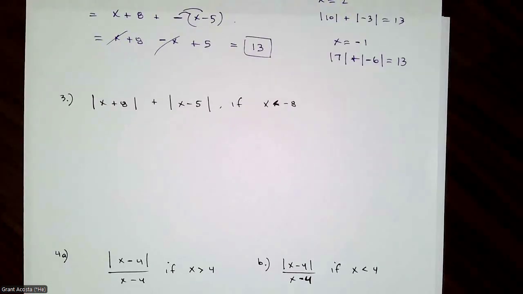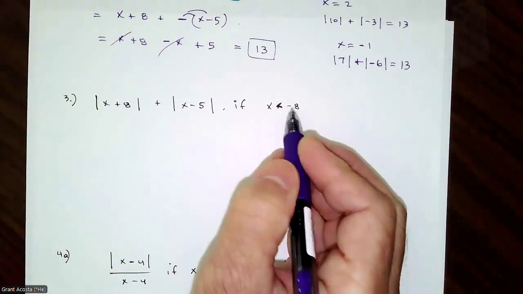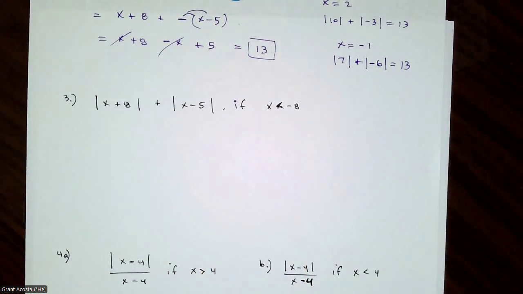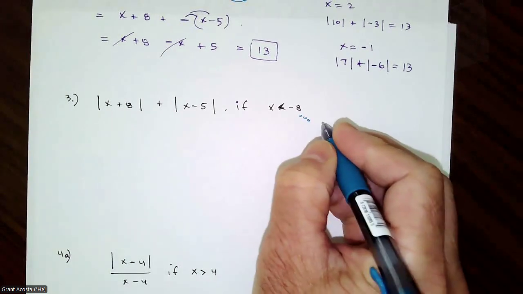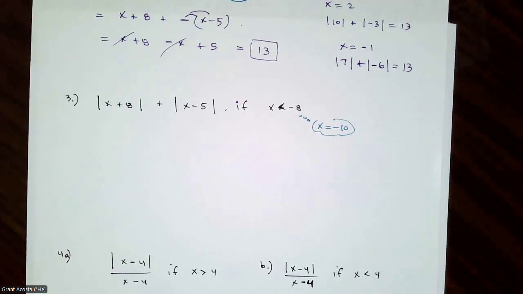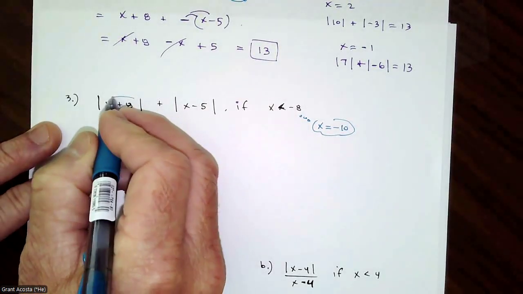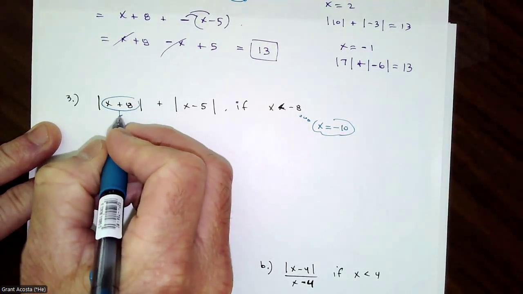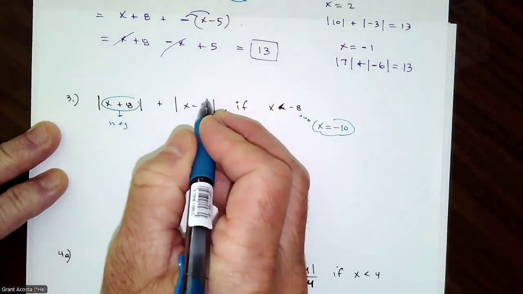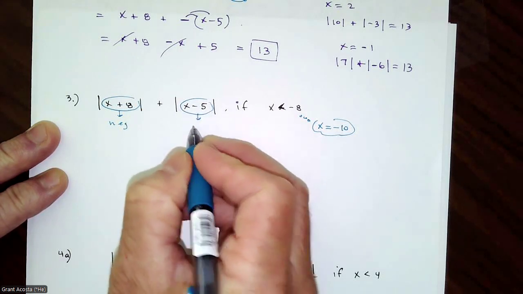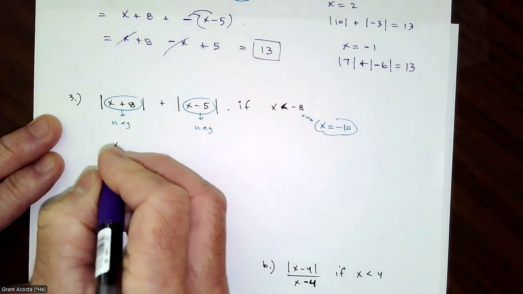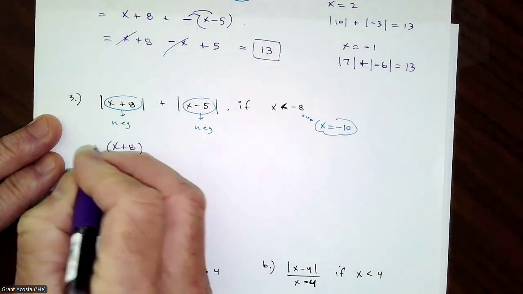Okay. Oh yeah, and just to see something different, what if we were told x was less than negative 8? So you can use any number you want, less than negative 8. Let's try negative 10. X is negative 10. I can tell here negative 10 plus 8 will give me a negative number. Negative 10 minus 5 is also a negative. So in this situation, I would be removing the absolute values and putting a negative on both of them.